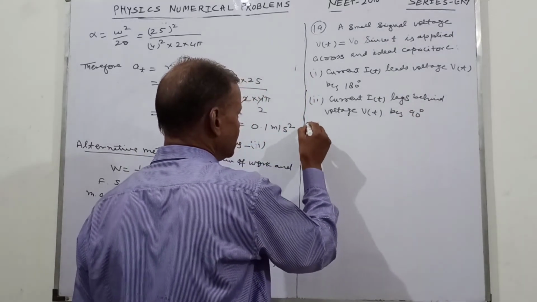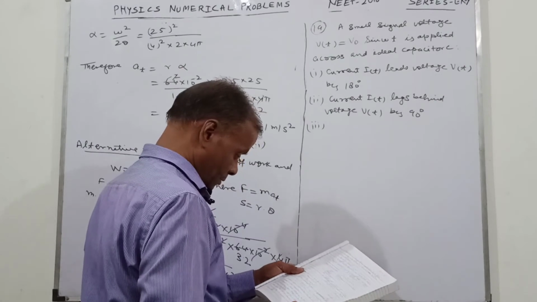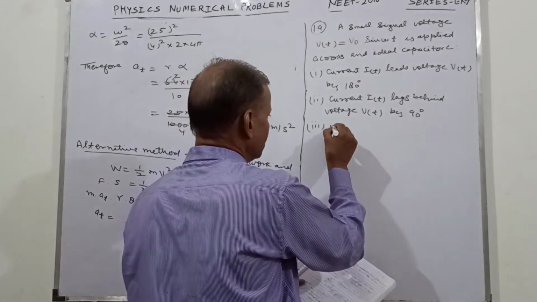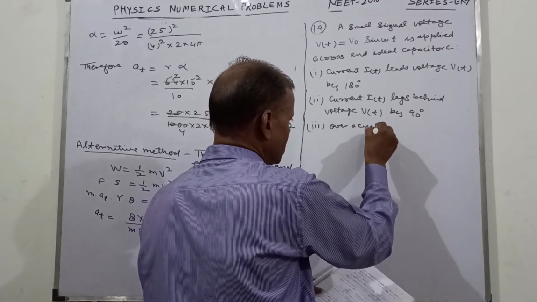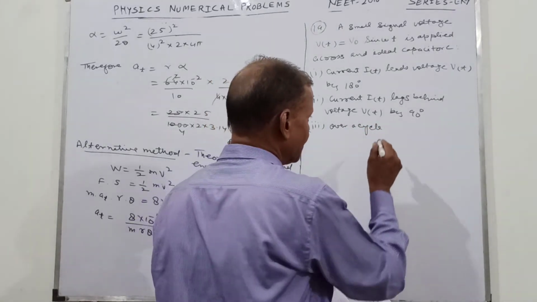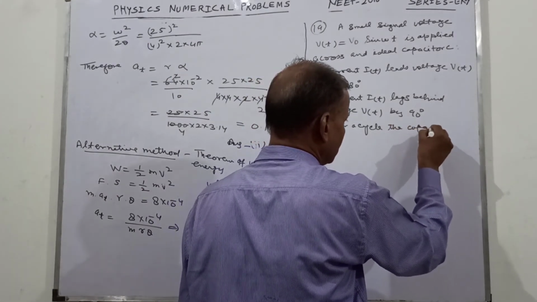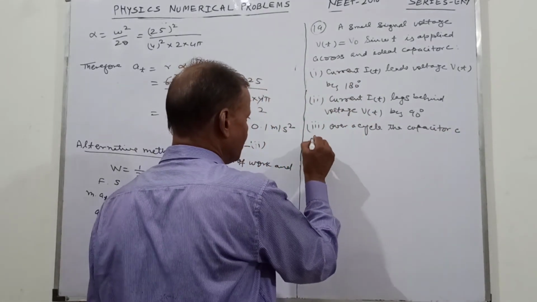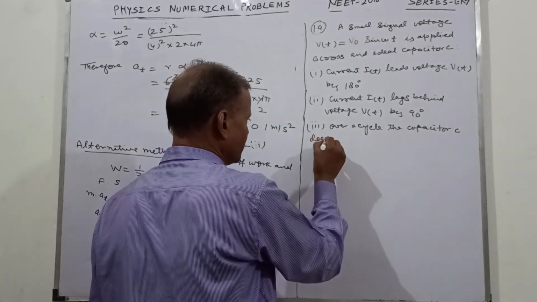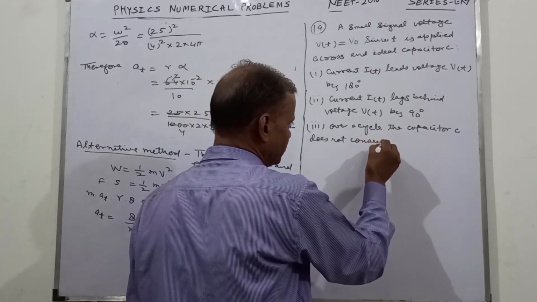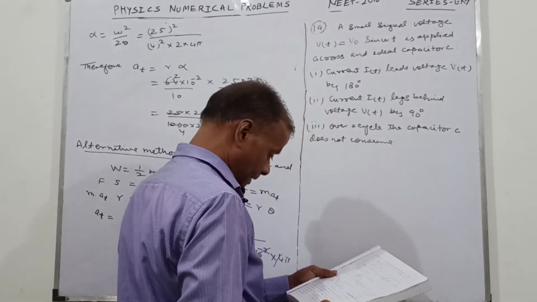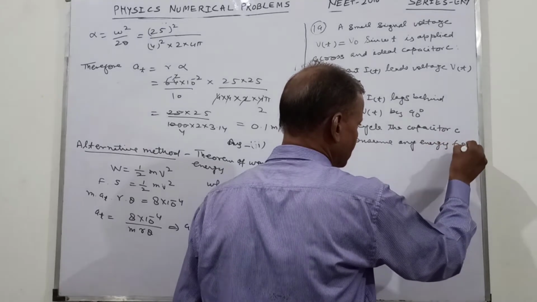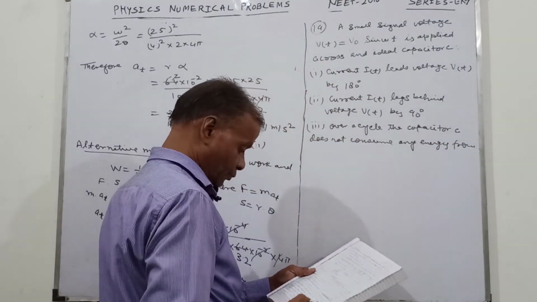And now third option, over a cycle, the capacitor C does not consume any energy from the voltage source.